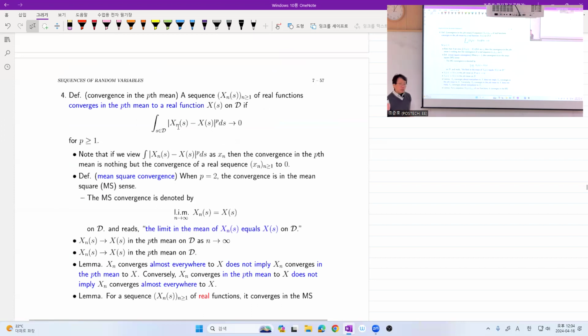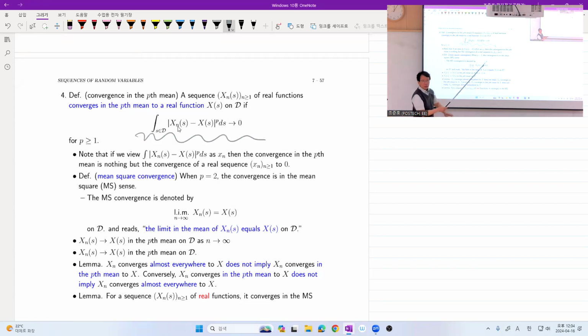But as I told you, as electrical engineers, do we really need uniform convergence, everywhere convergence, or almost everywhere convergence? No, actually. As I told you, energy is one of the most important things, right? So we want to talk about something like this.